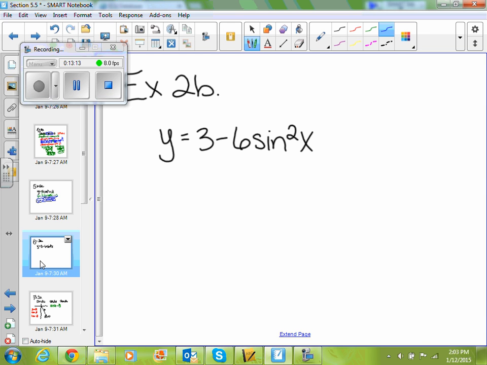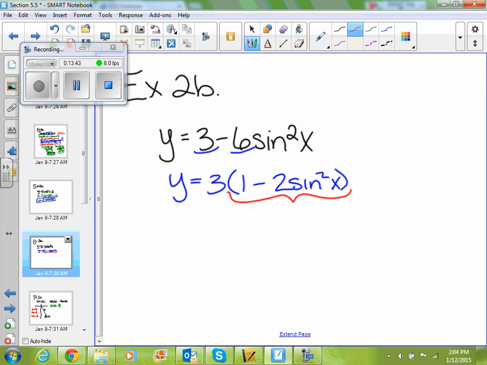Alright, so I'm going to do the same thing for example 2b. I'm going to try to get this to look like one of my double angle formulas. The first thing I notice is I have a 3 and a 6, so I'm going to factor out a 3 from both of my terms. If I factor out a 3 from 3, I end up with 1. And if I factor out a 3 from 6, I end up with 2 sine squared of x.